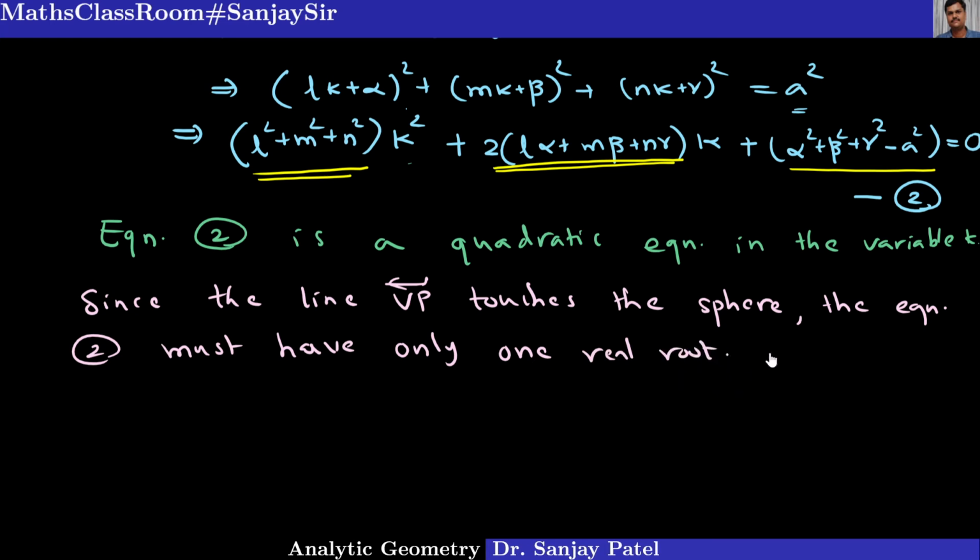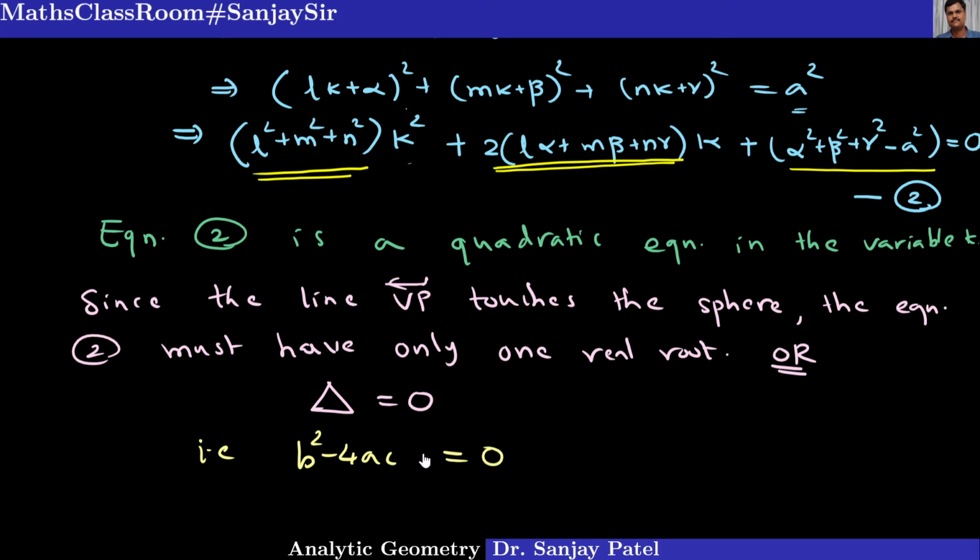Okay, or rather I should not write one real root, I should write it has 2 equal real roots. Or you can say the delta of this quadratic equation must be 0. You know, the discriminant delta of quadratic equation ax square plus bx plus c equal to 0 is given by b square minus 4ac. So I can write b square minus 4ac equal to 0.